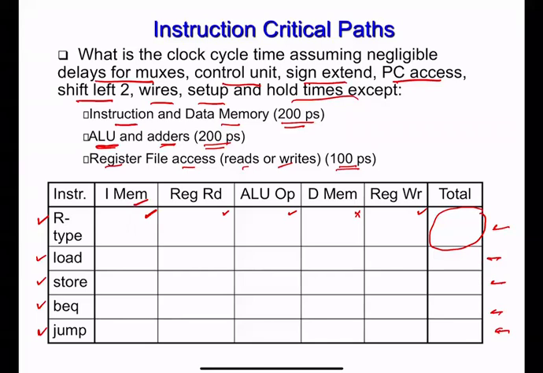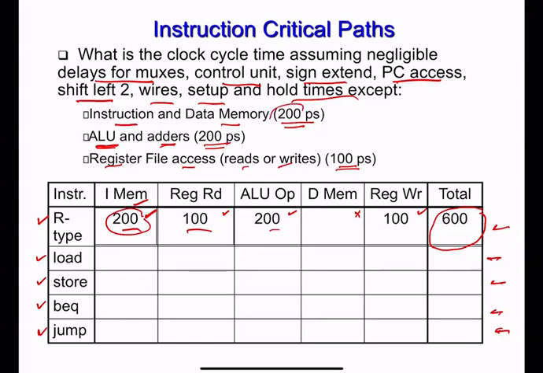Accordingly, I will have these values. This is 200, because here I have 200. This is 100 because I have this value 100. This is ALU 200 because I have the value 200, and so on and so forth. If you add all of these, you'll find that this is 600.